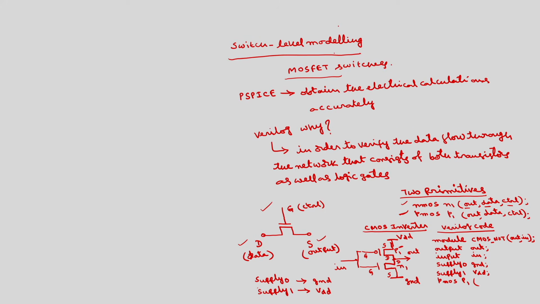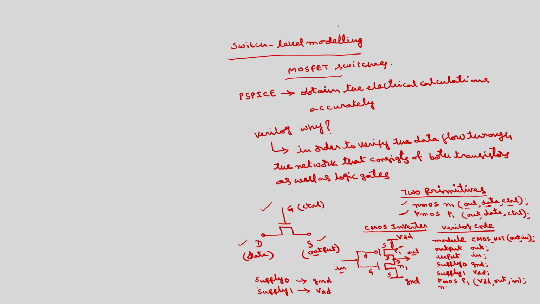For PMOS P1, first you mention the output, which is nothing but source. Source is at VDD, so you write VDD, comma, then data, which is the drain, which is the output, out. Then control, which is the gate, which is in. At the gate we are applying the input signal. This describes the PMOS transistor.